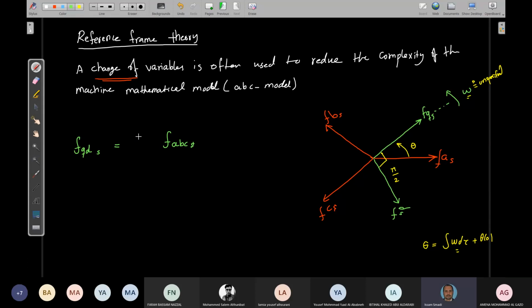And here I need a transformation, and this transformation I call KS, the transformation matrix. So simply here I need to find this transformation matrix.